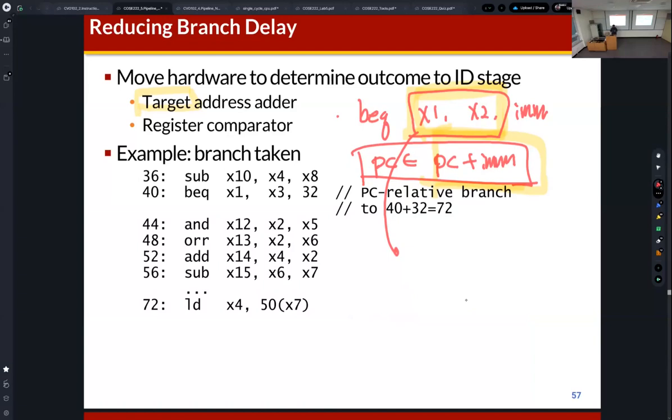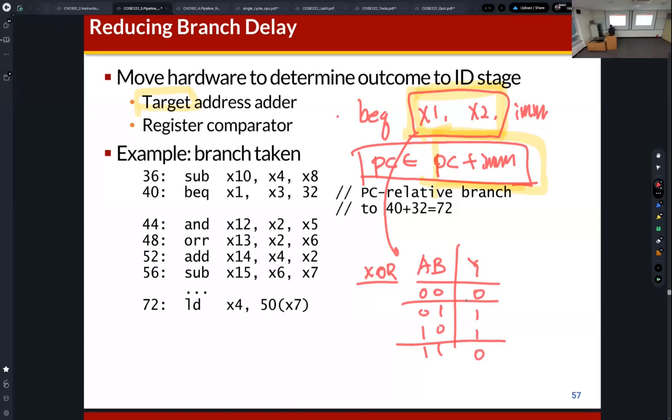In order to check the equality of two data, we can use the exclusive OR gate. Why? Because the exclusive OR gate has two inputs A, B, and Y is the output: 0, 0 gives 0; 0, 1 gives 1; 1, 0 gives 1; 1, 1 gives 0.